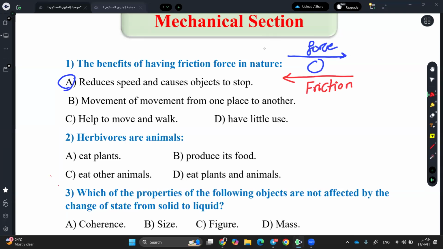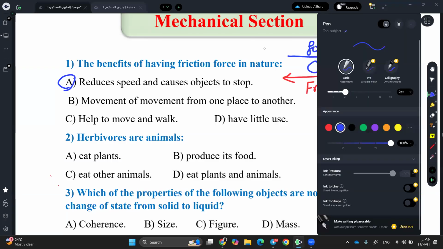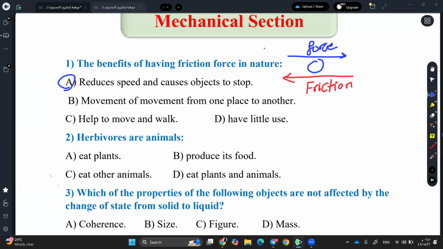Let me give you an example to make it simpler. When you have a car and you're moving at high speed, but then there is traffic in front of you, you're going to press the brake, right?